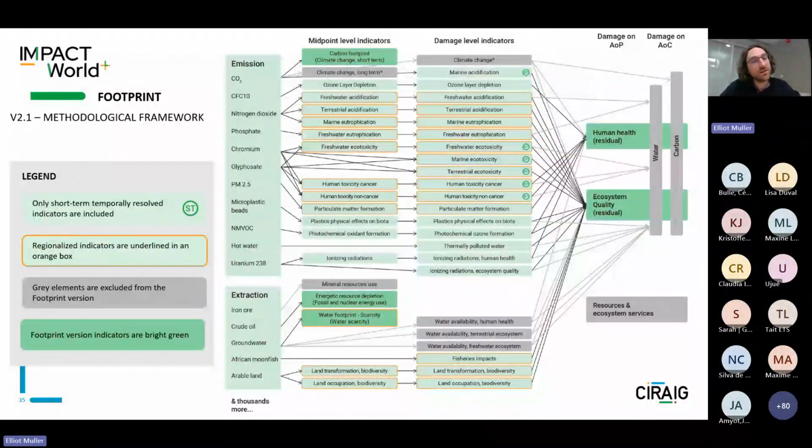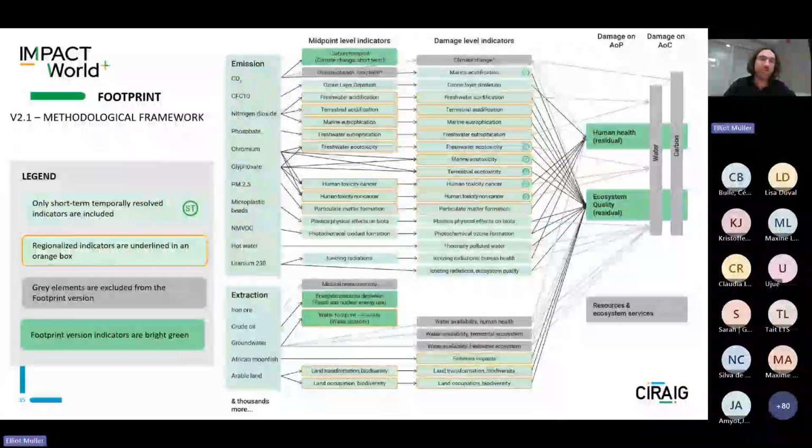We decided to not include the mineral resources use in the footprint version because the indicator used in Impact Plus can be quite difficult to interpret for non-experts. That's the reason why it's not included in the footprint version, but of course it's still included in the midpoint version and allows for everyone to use it.